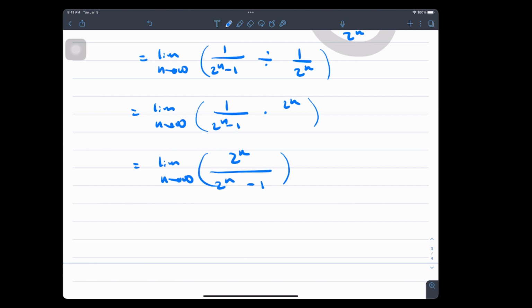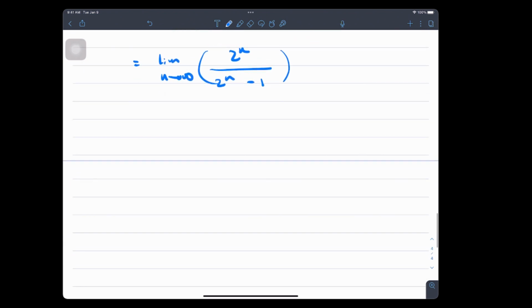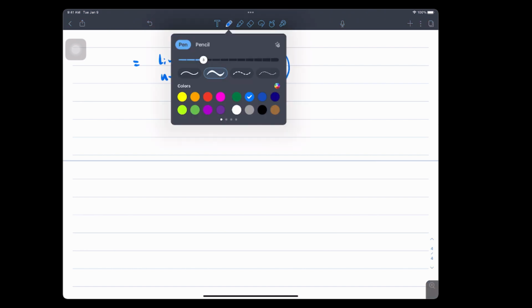We need to find what this limit is. Now, you might say, I don't know what that limit's going to be. Well, let's do a little bit of Calculus 1-ish.